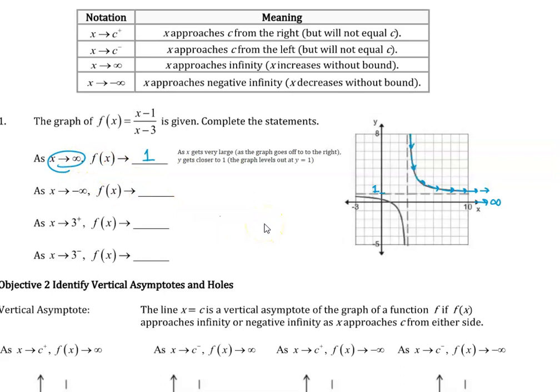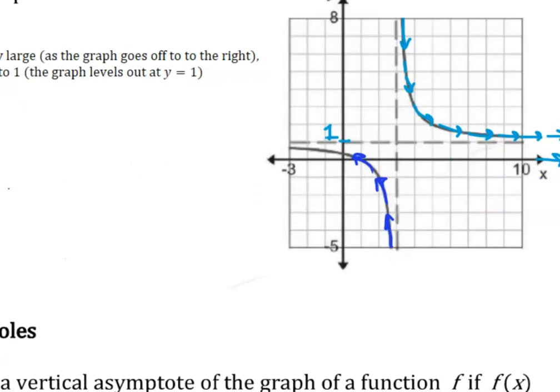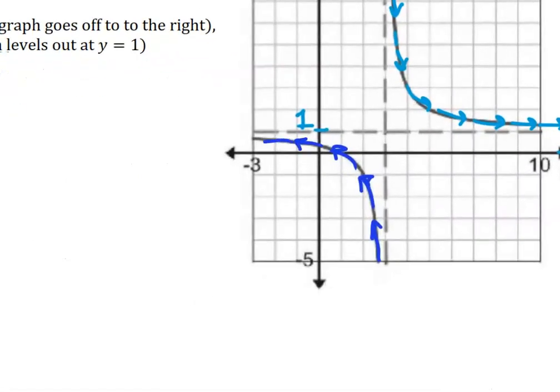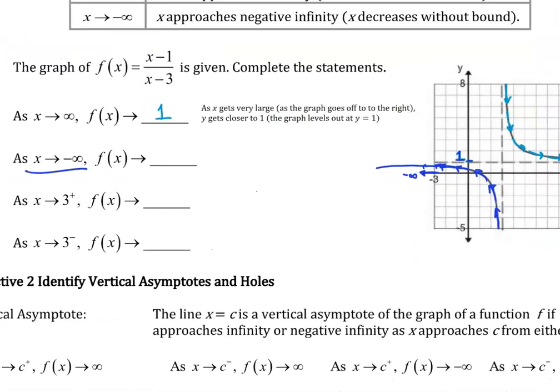The next thing we want to look at is what happens as x gets very, very small, as x approaches negative infinity. This time I'm going to get on the left piece of the graph, and I'm going to approach negative infinity. So I'm looking at the graph as we go off to the left. As we go off to the left, the y values again appear to be approaching positive 1, because this graph is leveling out as we approach x values near negative infinity.